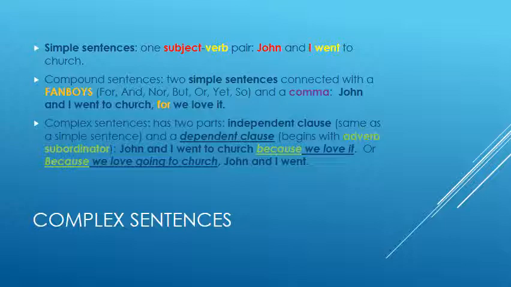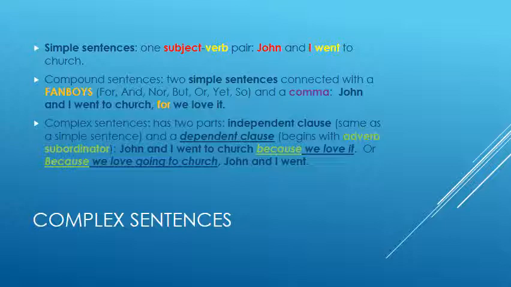So we could say it has an adverb subordinator, a dependent clause, and an independent clause. But let's take a look at the examples. So John and I went to church. That's an independent clause, right? And then we have because we love it. And that's the dependent clause that begins with an adverb subordinator. In this case, it is because.